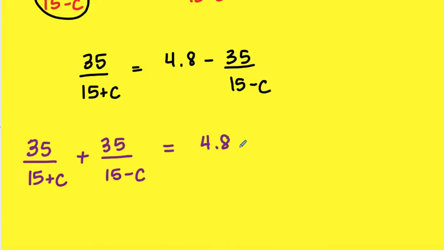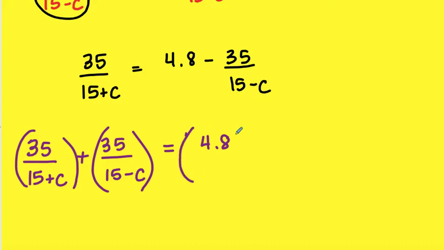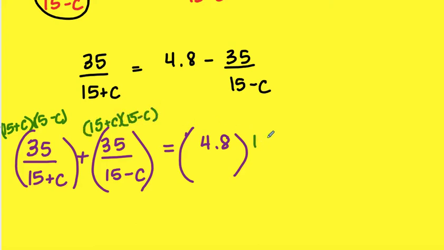Now we've got to use that skill of clearing the fractions. We're going to multiply every single term by 15 plus C times 15 minus C. Remember, every term gets multiplied by the lowest common denominator. I know this is kind of messy.